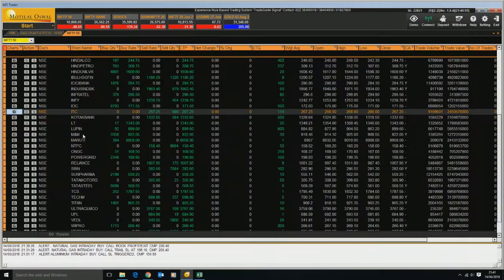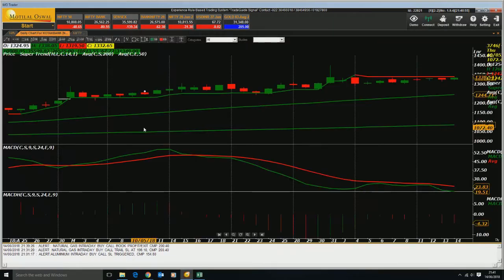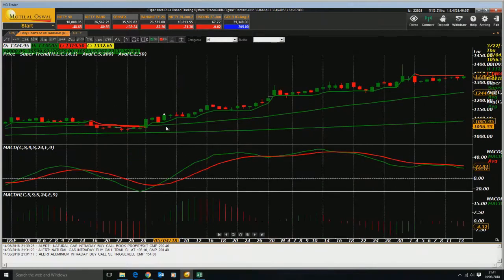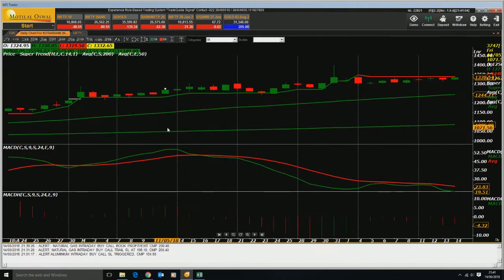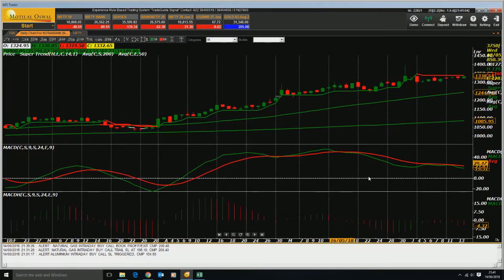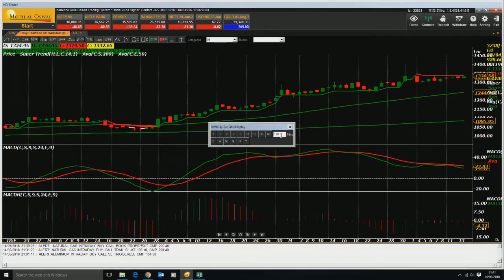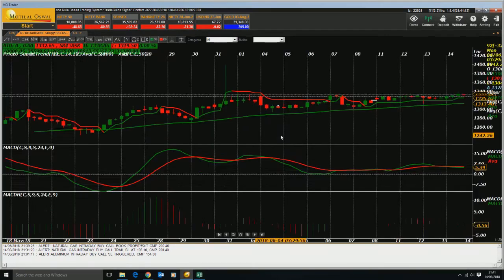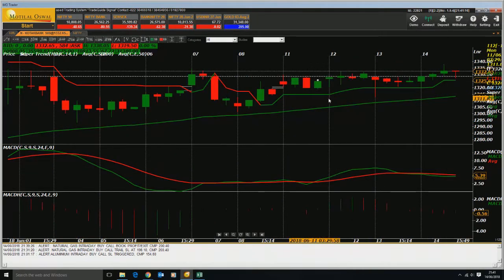Kotak Bank, if I go onto the daily charts of Kotak Bank, it's more or less very much sideways, but it appears to me a potential short. But let's see on 120 minutes. No, it's very much sideways.